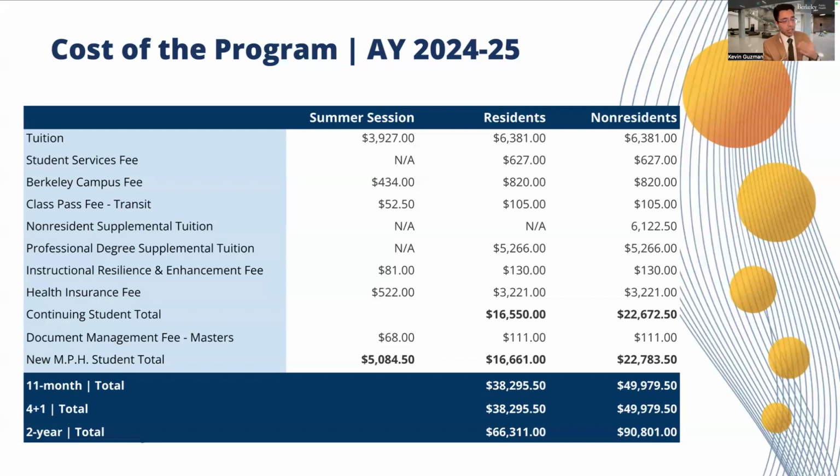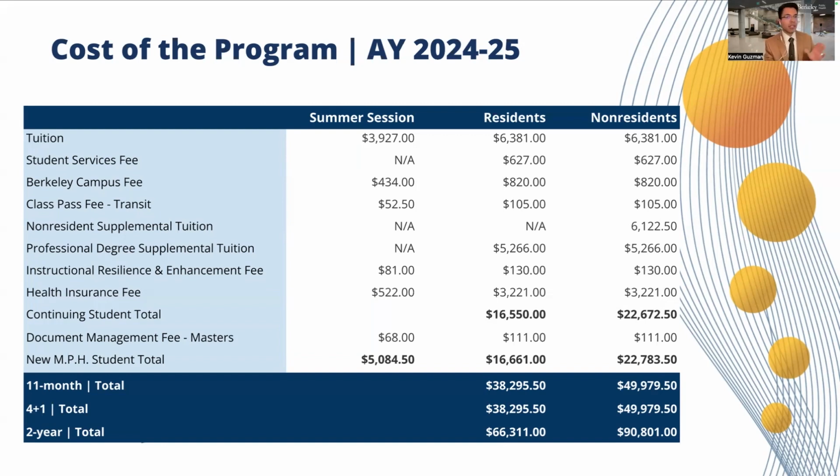However, with regards to the 2-year program, the total cost is a little over $66,000 for residents and just under $91,000 for our non-resident students. Once again, these total costs are calculated based on adding the new MPH student total plus the sum of 3 times the continuing student total, thereby giving us the total cost of 4 semesters that comprise our 2-year program.